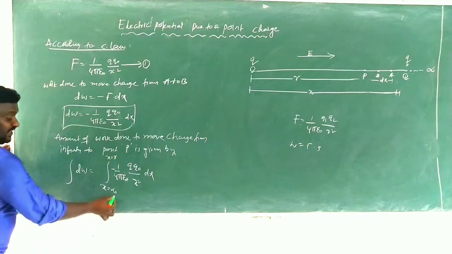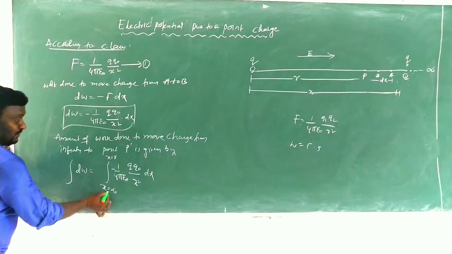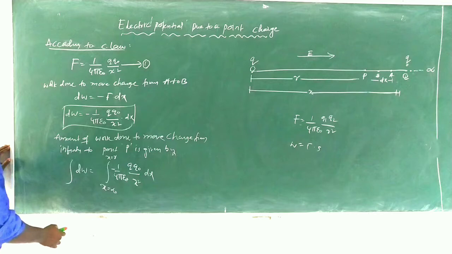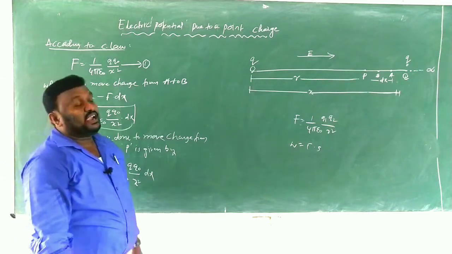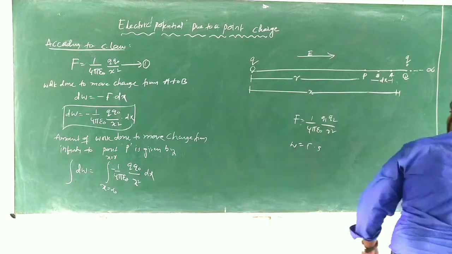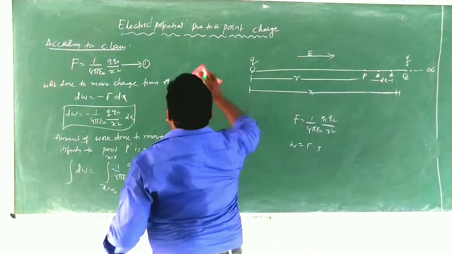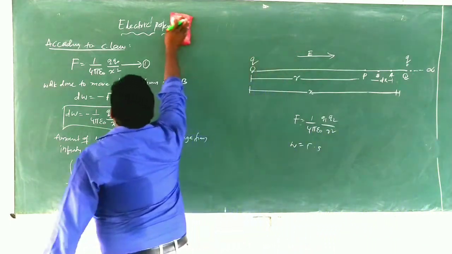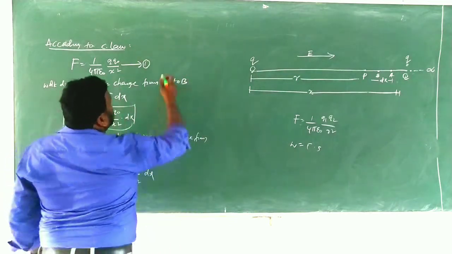Here x is equal to infinity is called the lower limit and x is equal to r is called the upper limit. So we have to integrate on both sides within these limits.